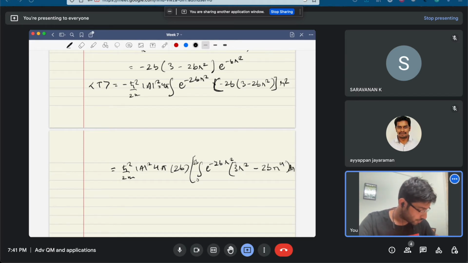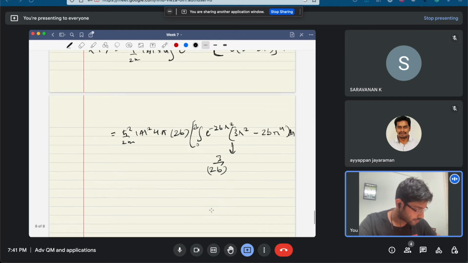Okay, so this term gives us 3 by 2b to the power the gamma function is 2 plus 1 by 2, which is 3 by 2 gamma 3 by 2, and this one gives us 2b by 2b to the power 4 plus 1 by 2, which is 5 by 2 gamma 5 by 2.